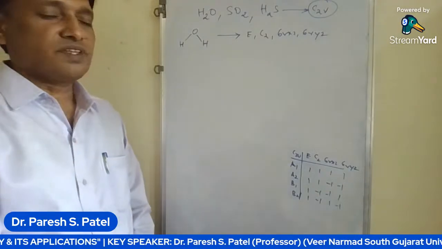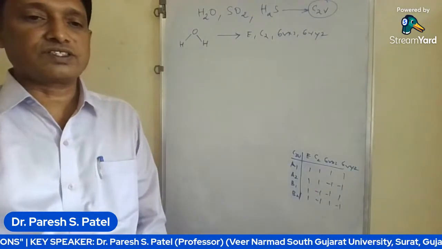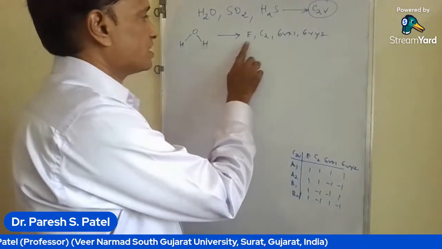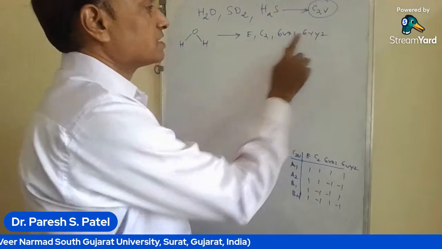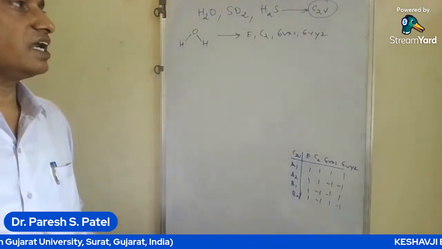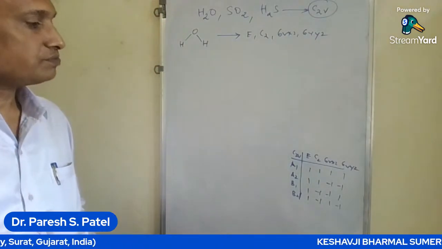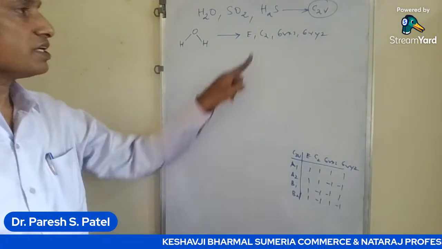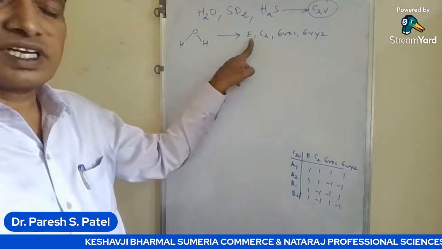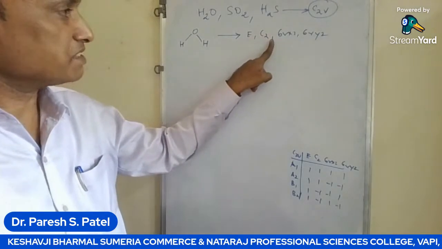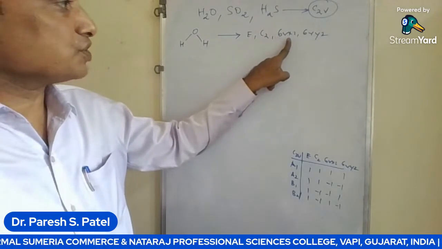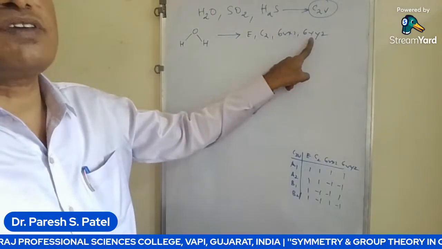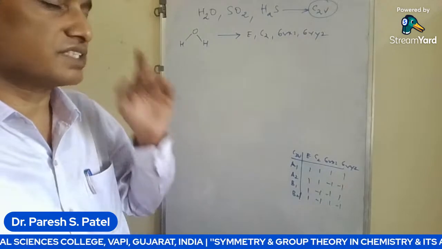So let us start constructing the character table for the C2V point group. Let us consider the water molecule. It consists of E, C2, sigma Vxz and sigma Vyz symmetry elements. It belongs to the C2V point group. E is conjugate to itself and forms an individual class, C2 is conjugate to itself and forms an individual class, sigma Vxz is conjugate to itself as an individual class, and sigma Vyz is conjugate to itself to form an individual class.